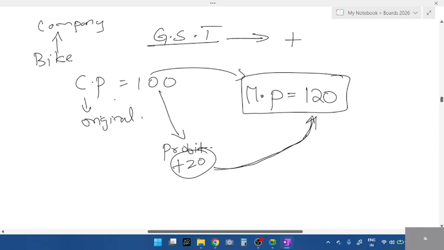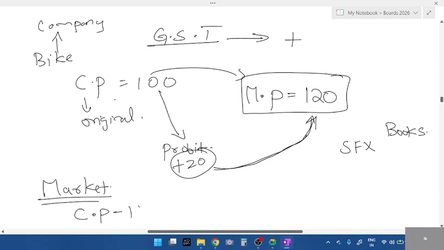Okay, that is 120. See, the reason is, for example, you're staying near your school, and here you need to buy books, students. So you have to go to market to buy books. In market, the actual cost price of the book is 100. You don't have time or you don't know where to purchase books from market.